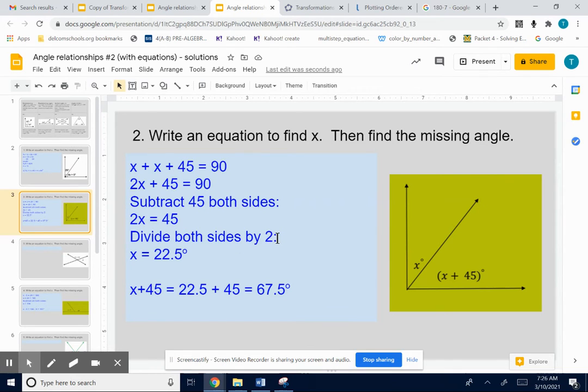I don't care how you do it, just so you're showing your steps. So we subtract 45 from each side. We divide by 2. We get 22.5. So that missing angle, x plus 45, now that we know x is 22.5, it'd be 22.5 plus 45, 67.5.